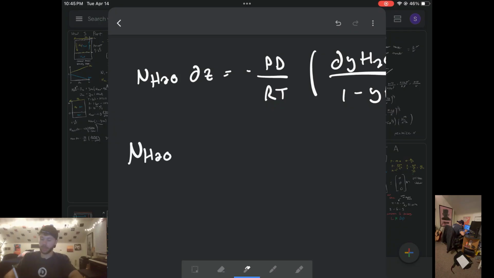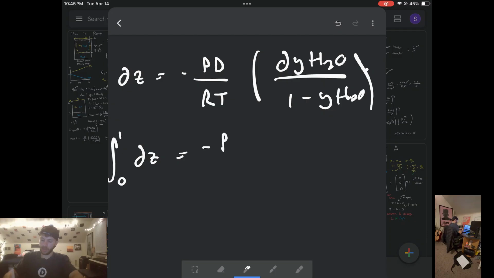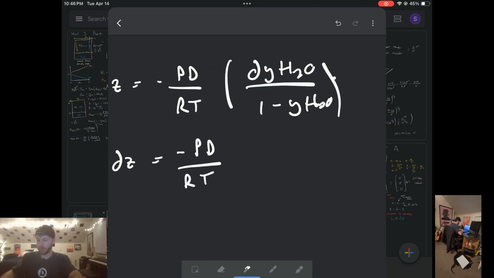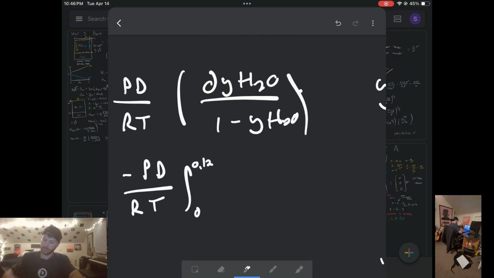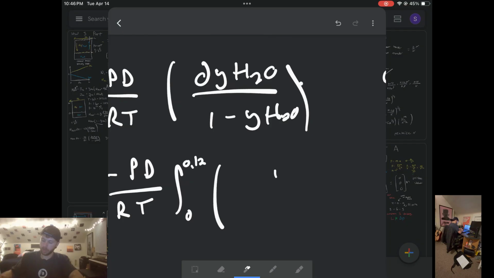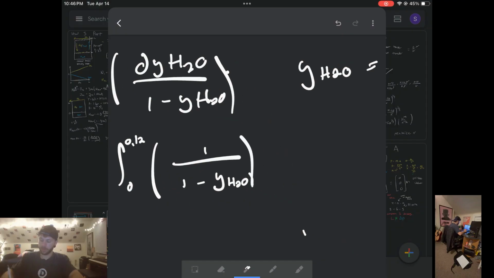So the total flux of our water multiplied by the integral from 0 meters to 1 meter of our change of position is equal to the negative pressure times diffusion coefficient divided by gas constant times temperature, of our integral from 0 to 0.12 of 1 over 1 minus our mole fraction, integrated with respect to our mole fraction.